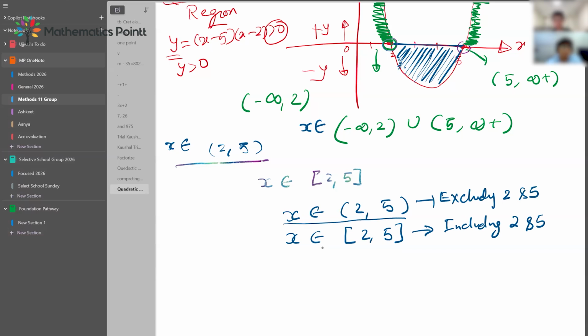So this scenario will have only greater than or less than symbol, whereas this scenario will have an equal to associated. The moment equal to comes in between the greater than and less than, you need to include the x-intercept as well. And that's the only difference. That's how the interval notation is written.